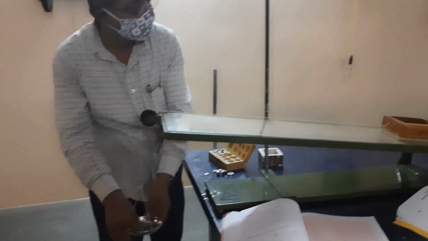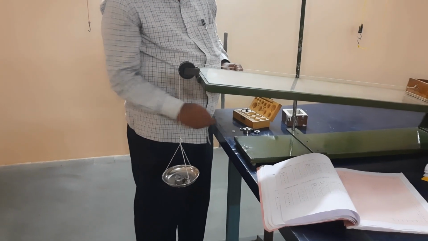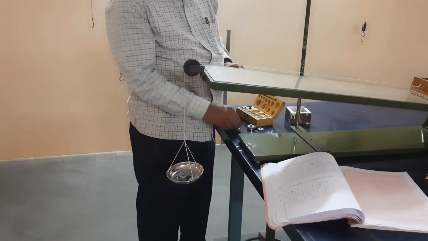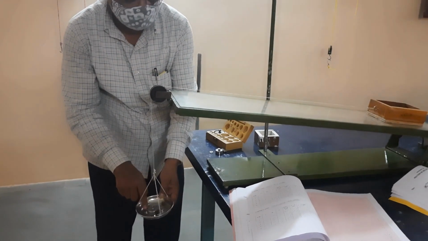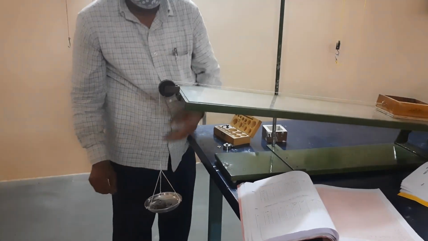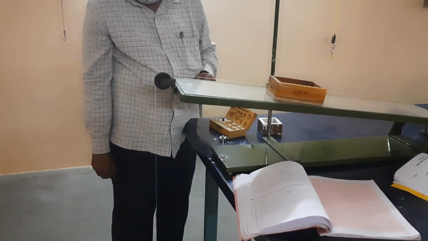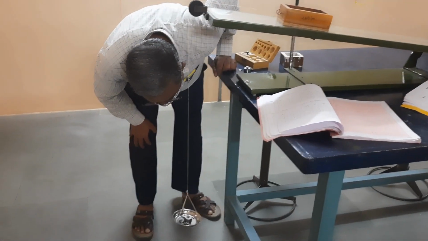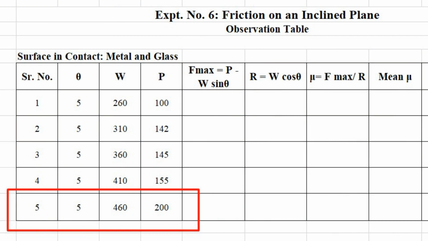Total W is 460 gram. 155 gram weight in the pan and the weight of the pan is 45, so the total effort is 200. For the 460 gram load, effort is 200.